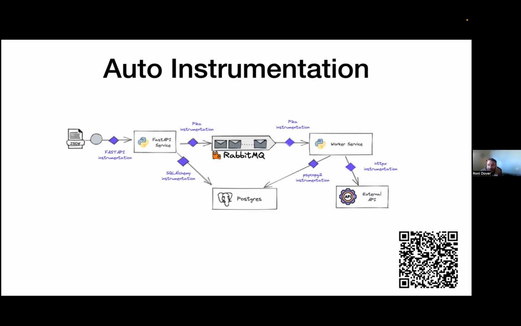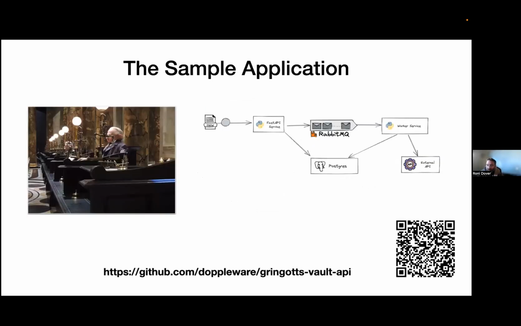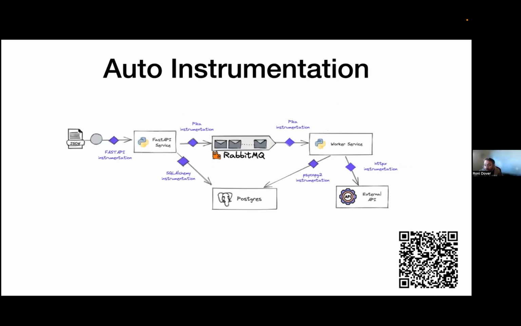So with a single line, I turned this application that was completely opaque, where I would need to start adding logs to understand what's going on, into one where I have almost too much data. Now the HTTP server library is telling me whenever it receives a REST request, and Pika, the library I used for RabbitMQ, is telling me whenever a message gets enqueued, and it connects the dots.